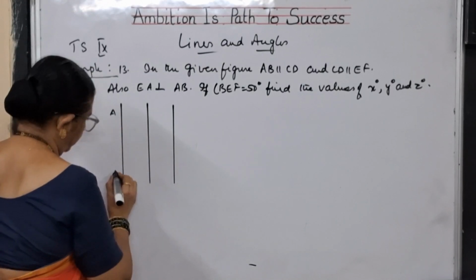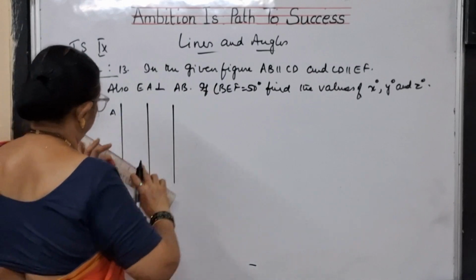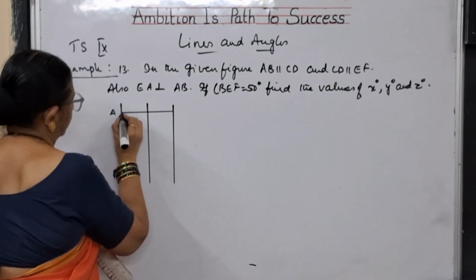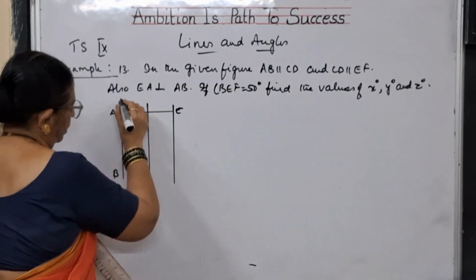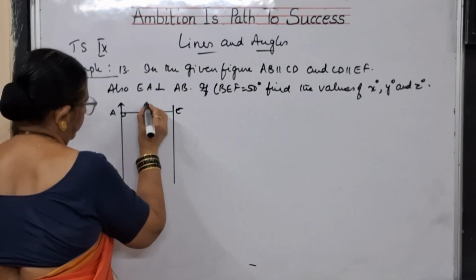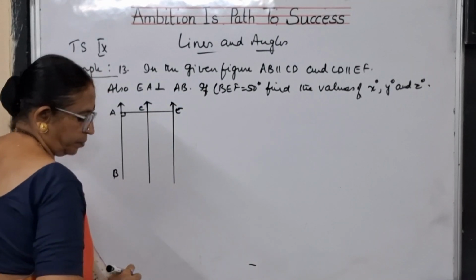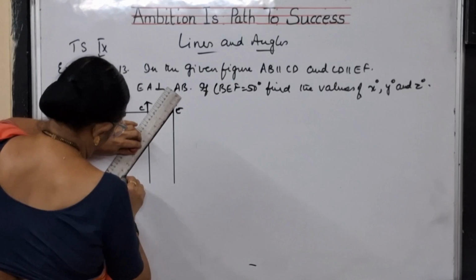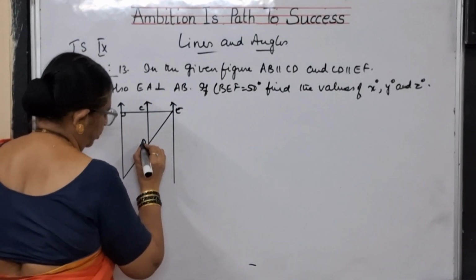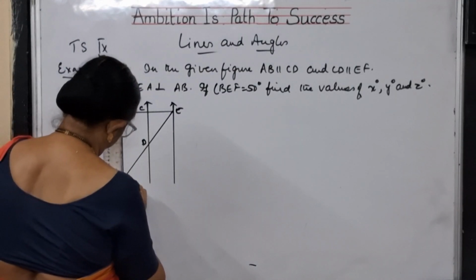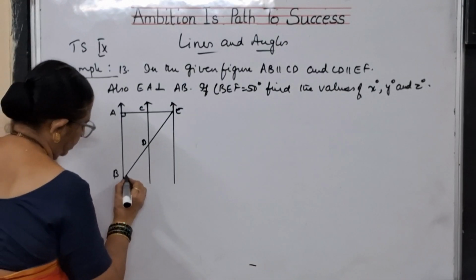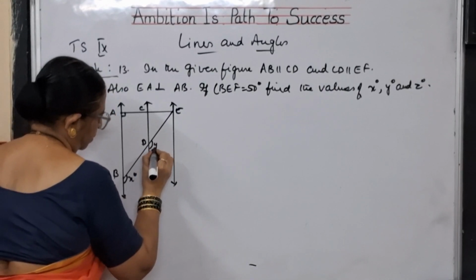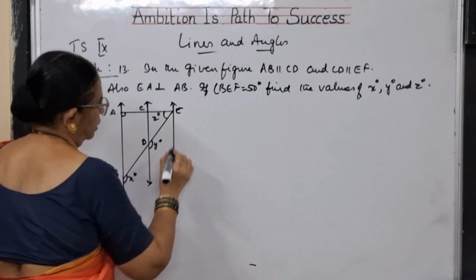So A here, B here, and AE, this is A. AE is perpendicular to AB and these all are parallel, and C is here and BE, this is BE, this point is D, this is x degrees and this is y degrees, this is z degrees.